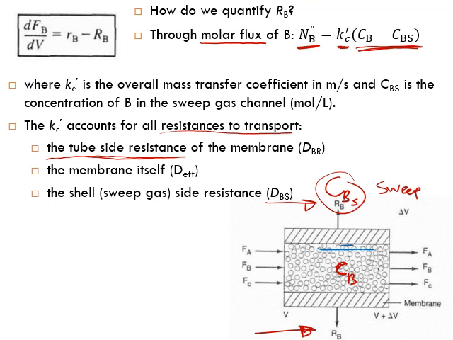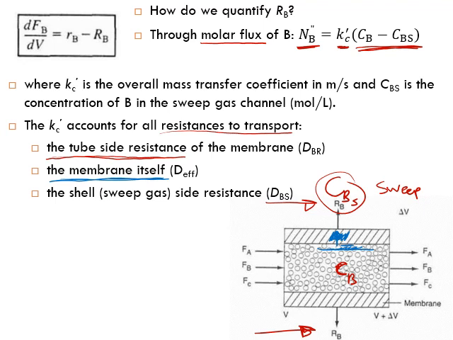There is a resistance for the mass transport through the membrane, right? So we're talking about the resistance in the membrane itself, and here we talk about the effective diffusivity. So it's not only the diffusivity of B inside the reaction mixture, which is the case here, but it also has to diffuse through the pores, right?